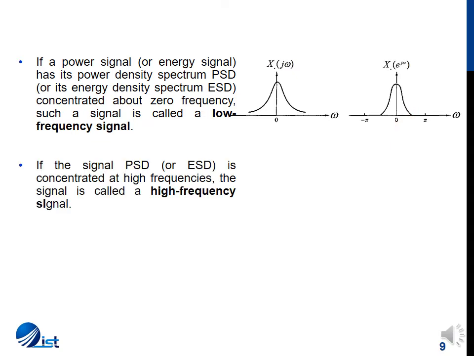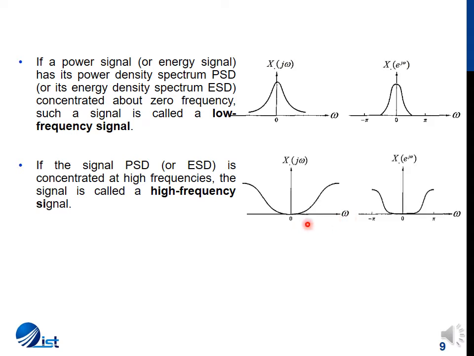Similarly, if the spectrum is such that the energy is concentrated towards higher frequencies, then such a signal is known as a high frequency signal, such as the one shown in the figure, where around 0 the magnitude of the frequency response is low, and as the frequency increases, the magnitude gives higher values. This is also clear from the discrete time plot shown in the figure.